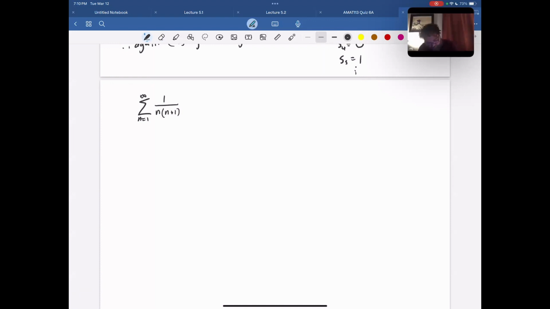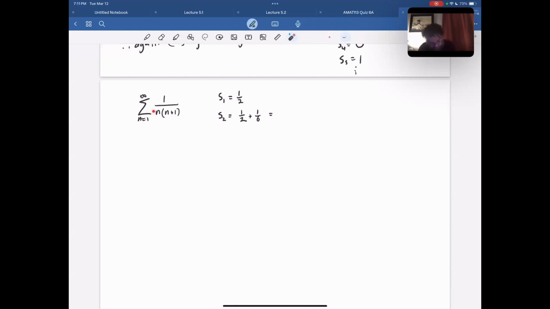Right, and we can see that our first partial sum, well, that's going to be 1/2. S2 is going to be 1/2 plus 1/6, right?